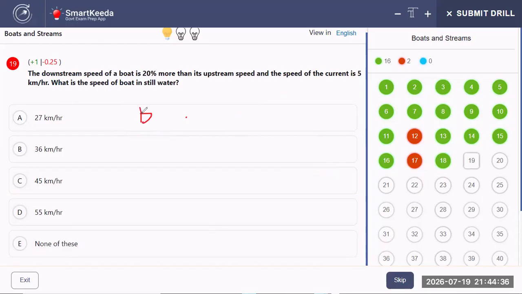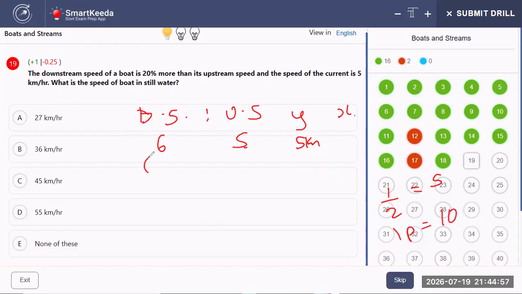The speed of the current is 5 kilometers per hour. We have 1 by 2. If 1 by 2 is equal to 5, then one part is equal to 10. This is 60, this is 50.